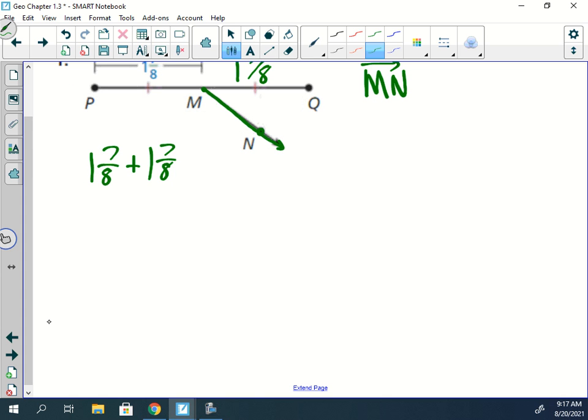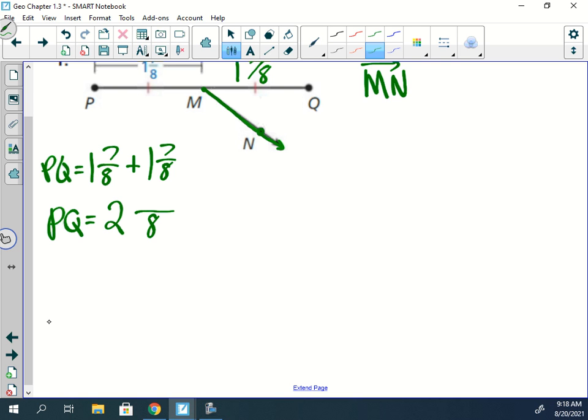Now, if you want to plug this into a calculator, you can. But if we did this by hand, we can add the wholes together and the fractions together. So 1 plus 1 is 2. Now, since 7/8 and 7/8 do have the same denominator, we can add the numerators together.